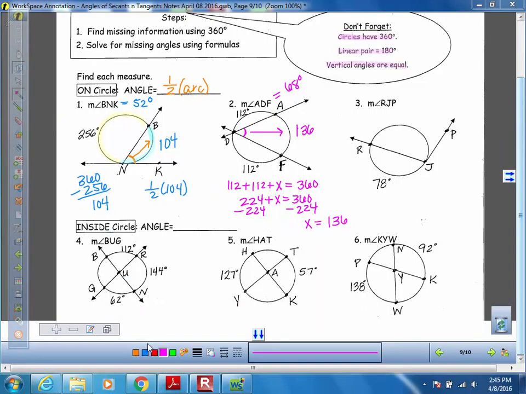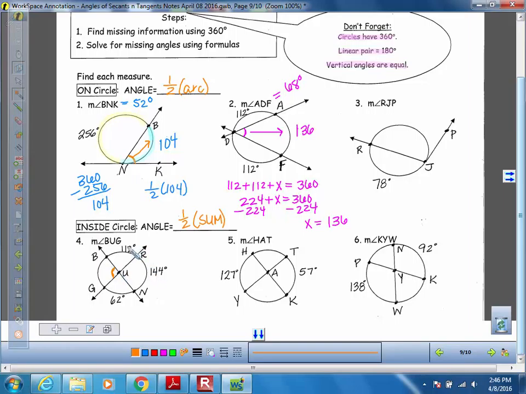Now let's look at if the vertex is inside the circle. So if the vertex lies inside the circle, our formula is 1/2 times the sum of the arc measures. So here we're looking at angle BUG. So BUG is this angle right here. Now, we know that this whole circle should add up to be what? 360. How many pieces is it cut into? 4.